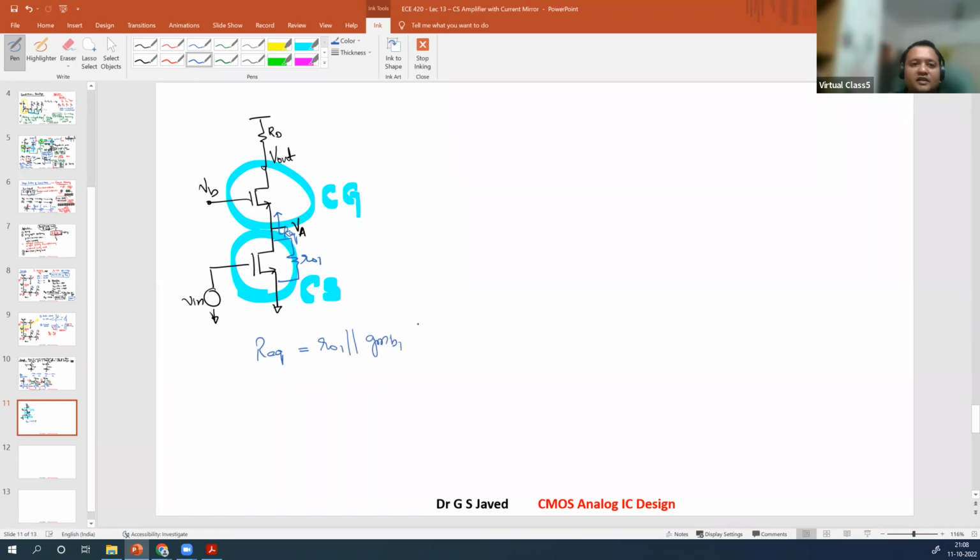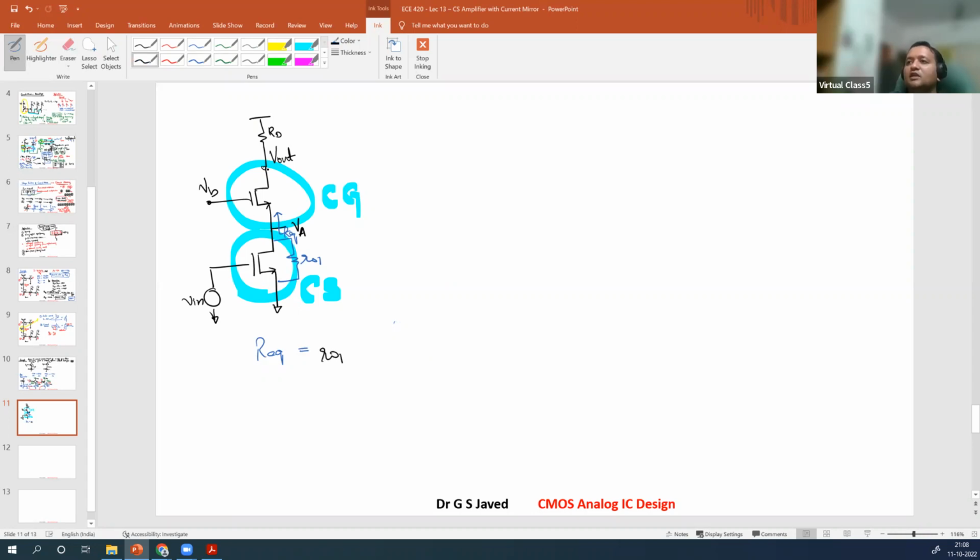GMB1 and in parallel to 1 over GM1? Yes or no? No. It is only going to be R1. Correct? R1 will be the resistance seen here.